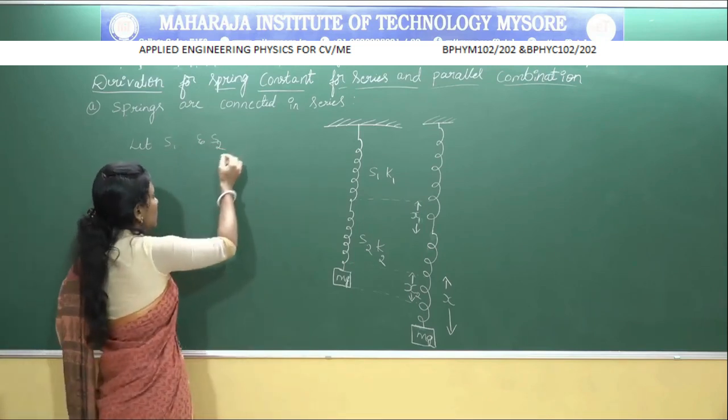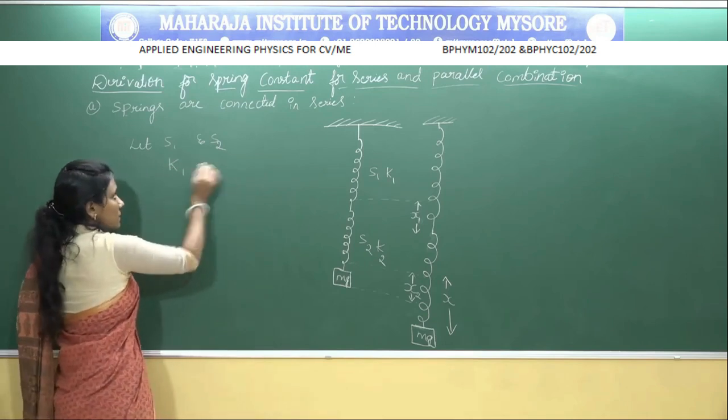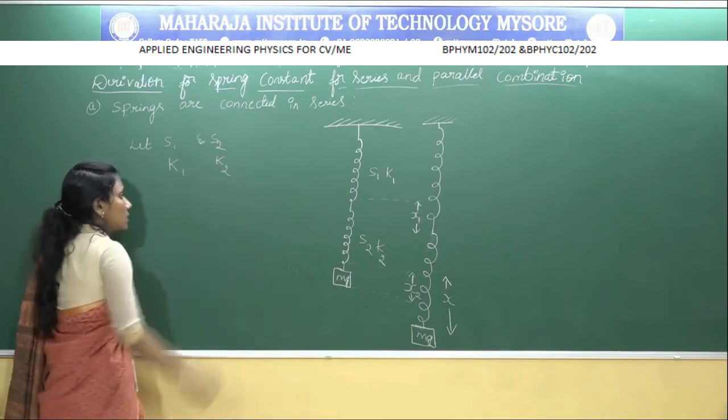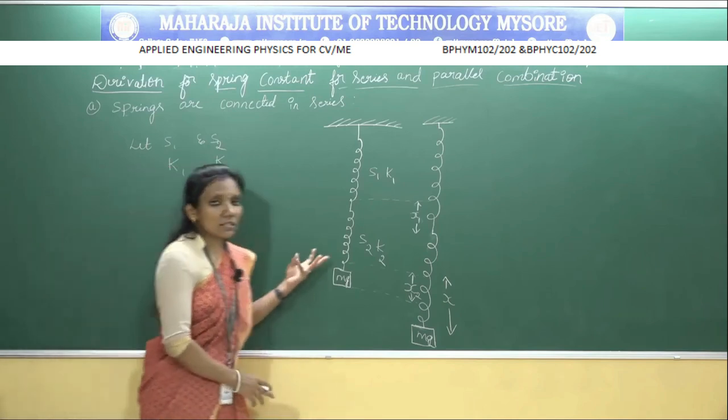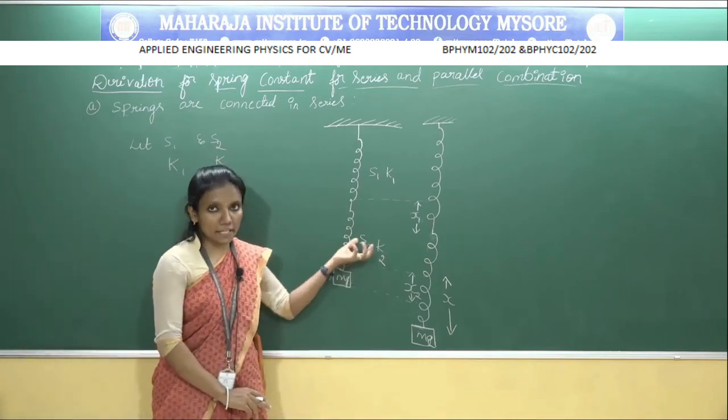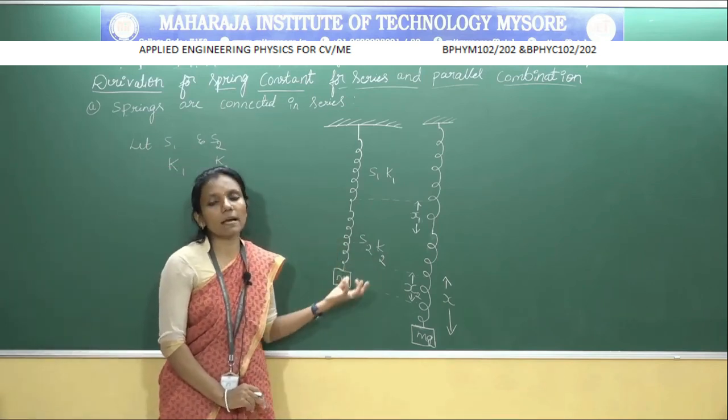So corresponding to that, what is the spring constant? K1 and K2. So when these two springs attain an equilibrium position, they balance each other.